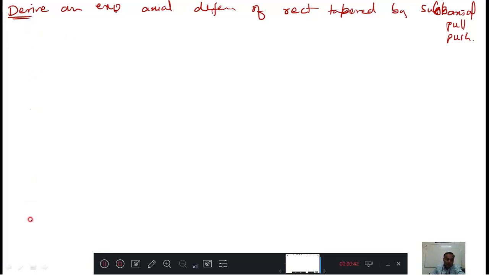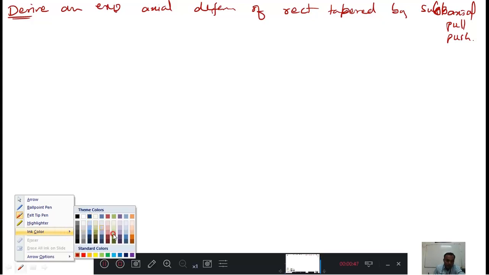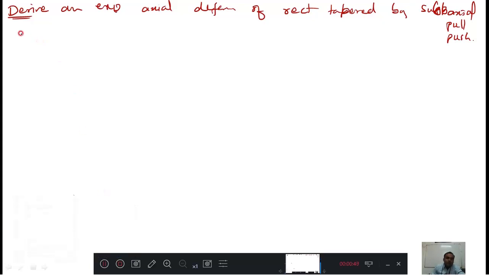Now again you start writing some theory. Let us consider a rectangular tapered bar with B1 and B2 as the breadth at either end. Let T be the thickness of the rectangular tapered bar.